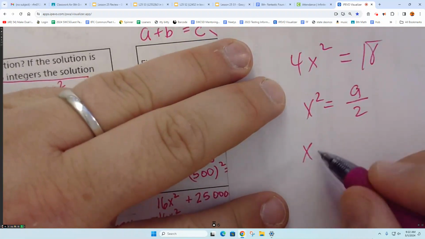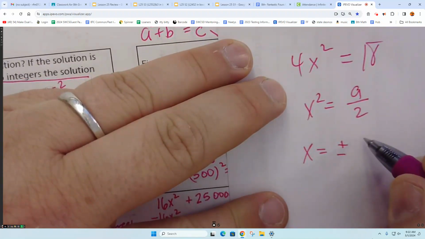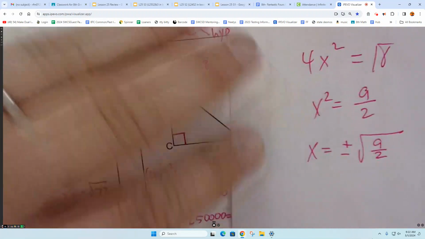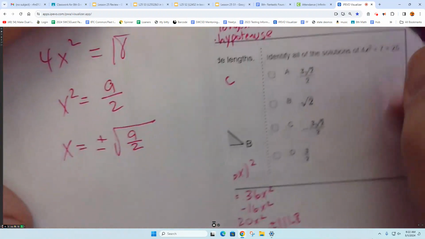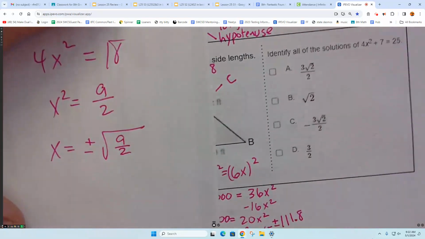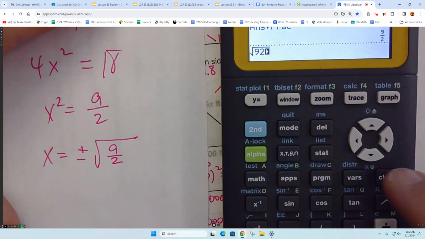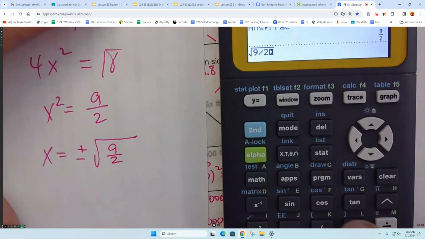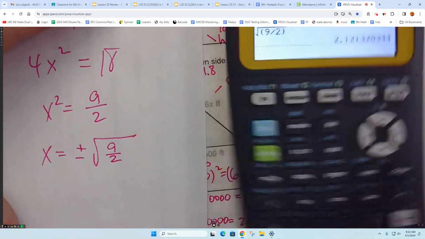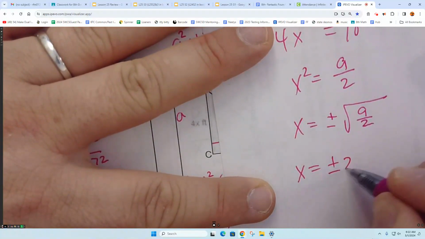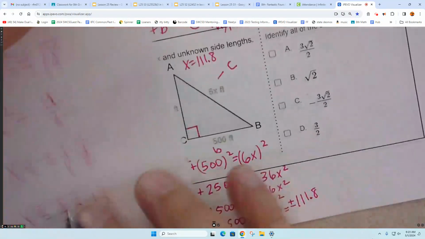So then x equals plus or minus the square root of 9 over 2. Okay, so I want you to go ahead and write that. Actually, I'm going to give you the decimal form of that. Square root of 9 over 2. So we get that the answer is x equals plus or minus 2.12.